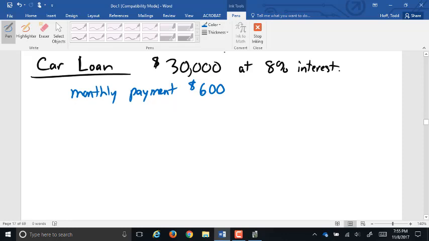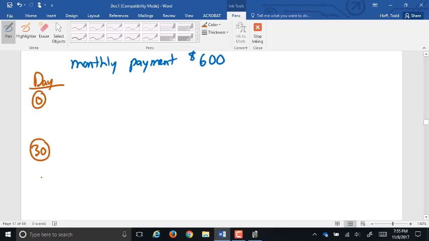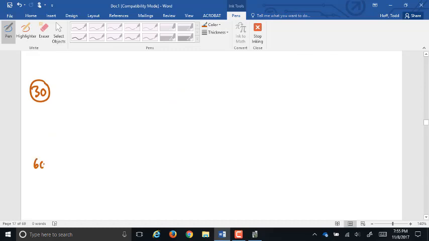I want to do two scenarios here. Scenario one, actually, let's do it this way, just to keep the math from getting weird. Make a payment on day 0, day 30, day 60, and day 90.